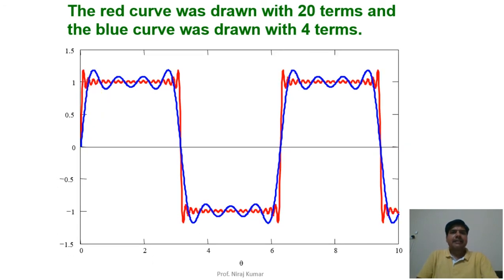Similarly, if we increase the number of terms to 20, this goes away from the 4 terms line and approaches the y-axis, and also the width of the ripple is decreasing and it's very small. So if it tends to infinity, it will become a straight line here, and it will be equivalent to the square wave we have considered.